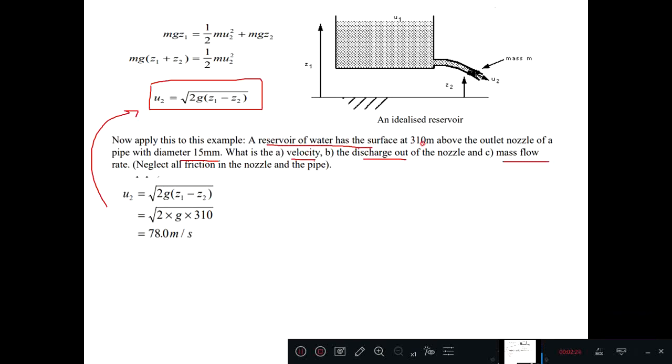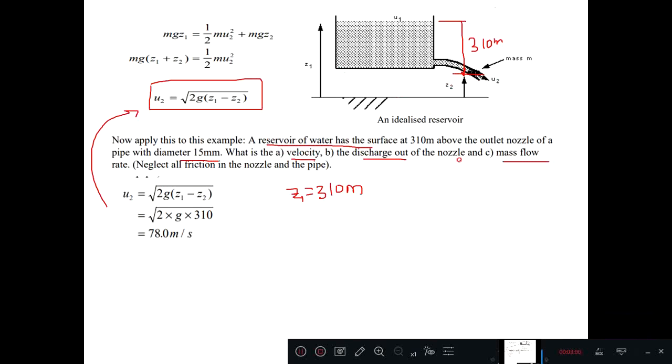In this problem, z1 minus z2 is given. The reservoir water has a surface at 310 meter above the outlet nozzle, meaning from here to here it is 310 meter.